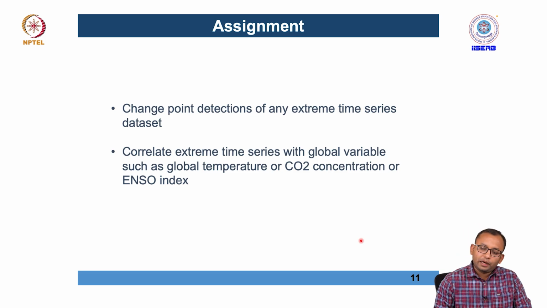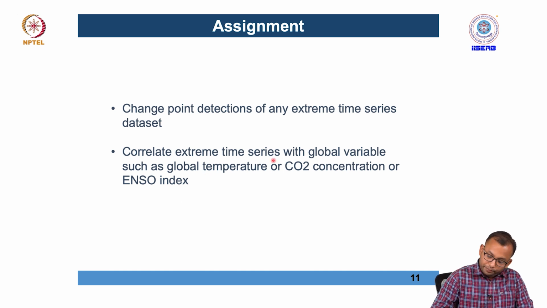So, you can calculate the change point in the extreme time series data set, and then also try to see how you can correlate the extreme time series data, or temperature or rainfall data, with global variables. For example, global temperature, CO2 concentration or the ENSO index, and how these global fluctuations or perturbations interfere with the climate behavior of certain regions, the extreme time series of those particular regions.